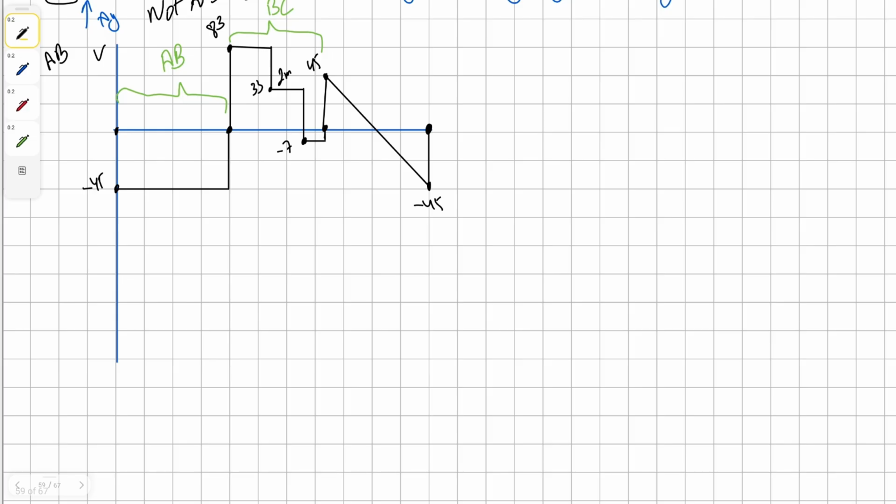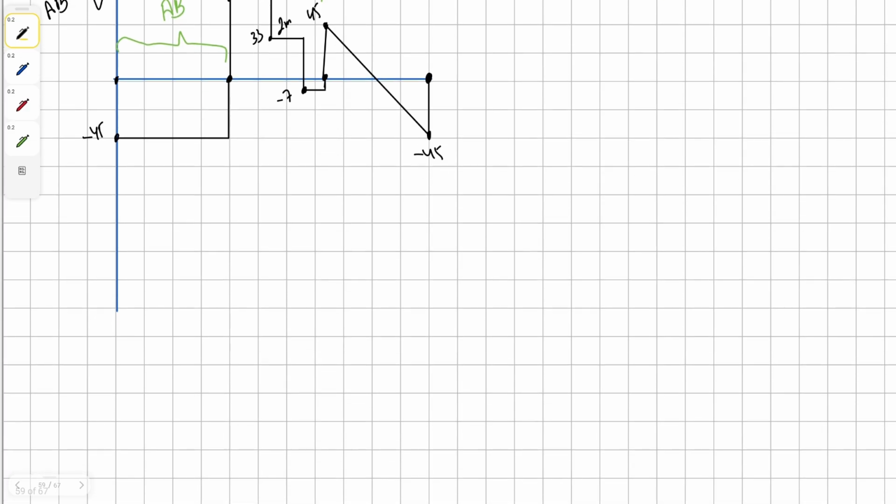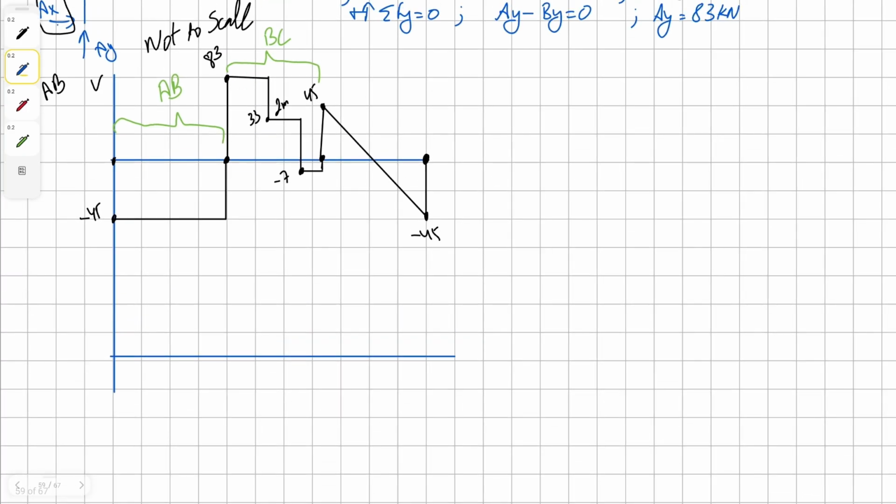Now we can proceed to our moment diagram. Similar idea as before, and we're going to try to use the graphical method.